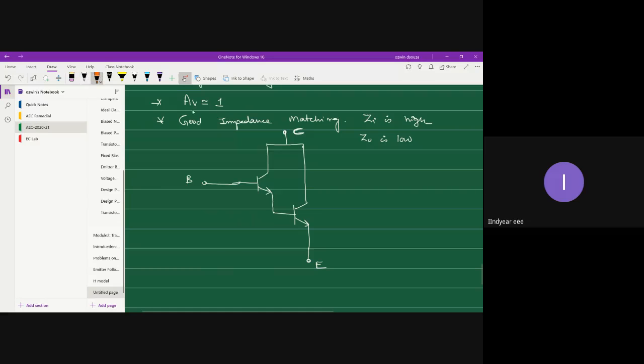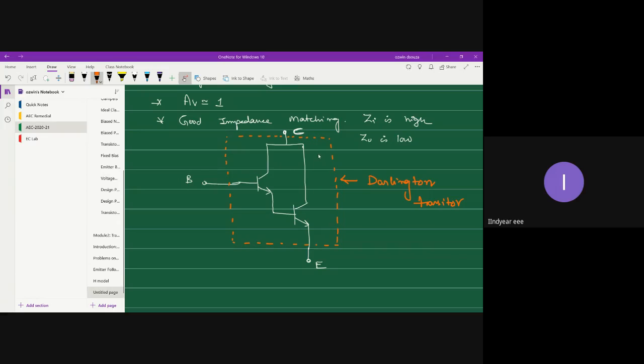If you purchase a Darlington transistor, just like a normal transistor, it will also have three terminals.